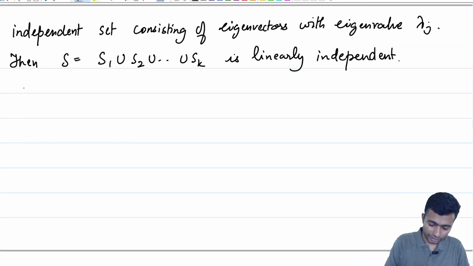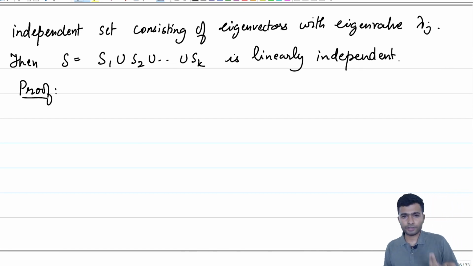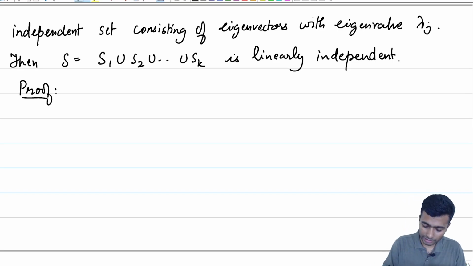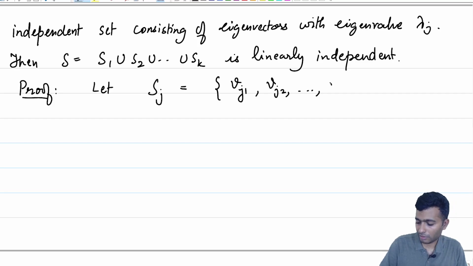So, let us prove this result. Let us give some names to the vectors in each of the Sj. Let Sj be given by Vj1, Vj2 up to Vj n subscript j.